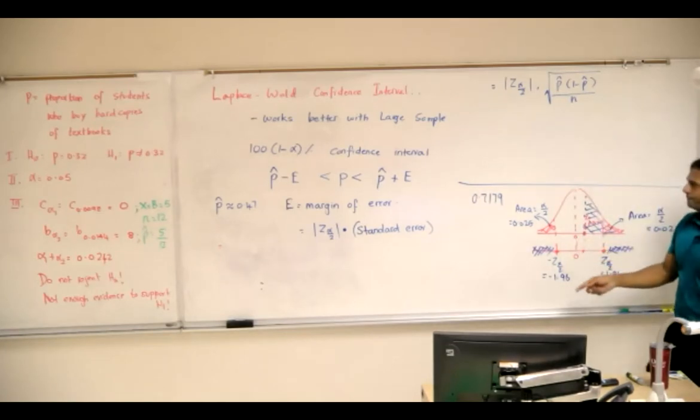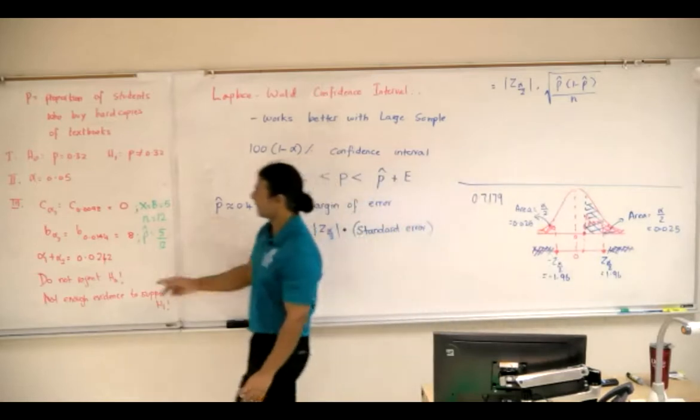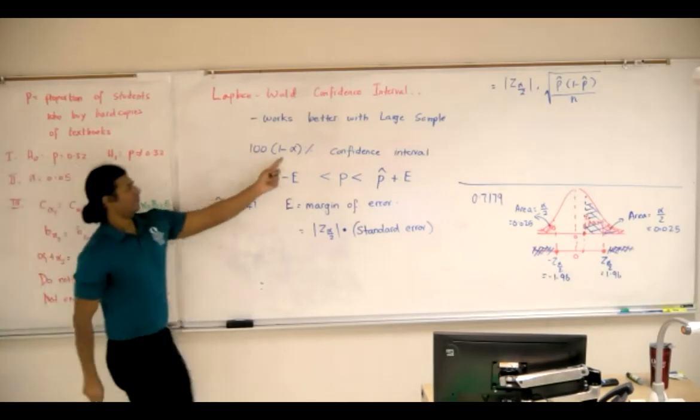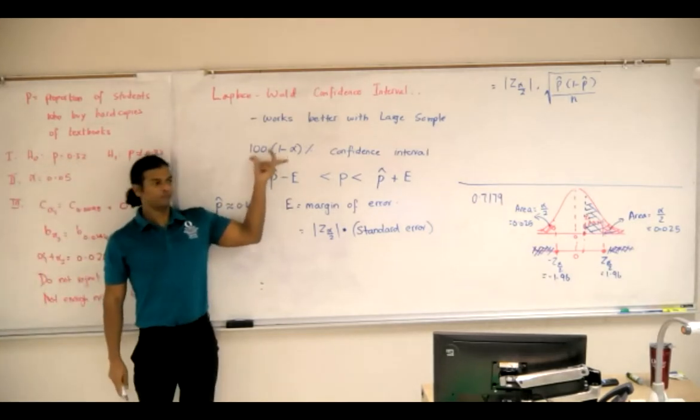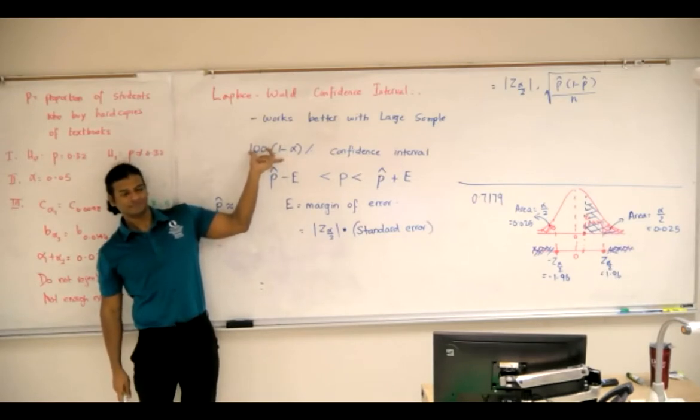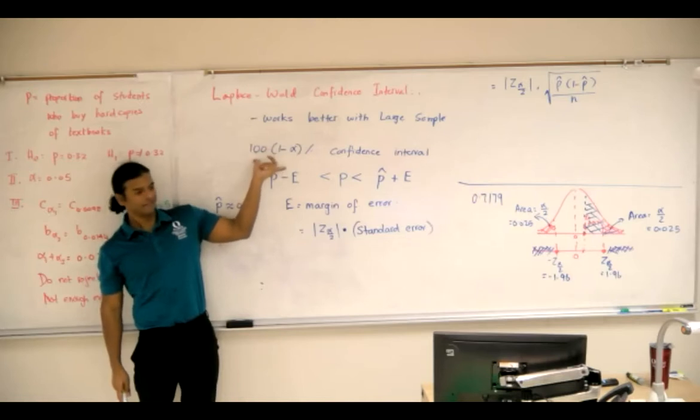In our problem, the two-tailed test that I had earlier, proportion of students who buy hard copies of textbooks, we just want to find an interval. So none of those matter to us except for alpha. Alpha is 0.05. If you plug in 0.05 here, what would you get? 0.95 times 100, so 95%, correct.